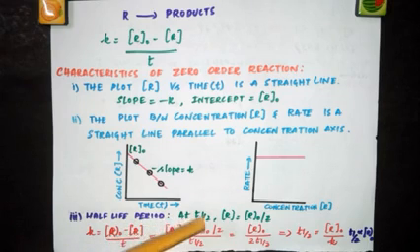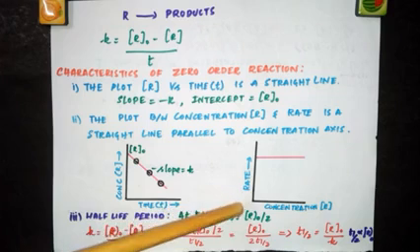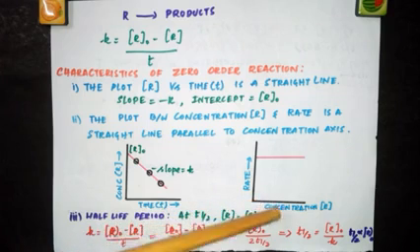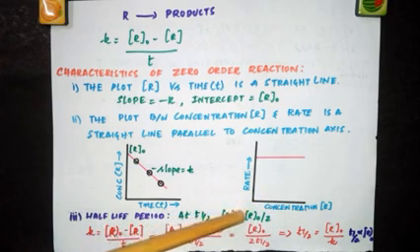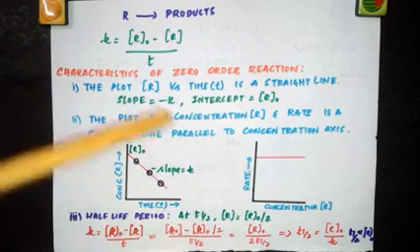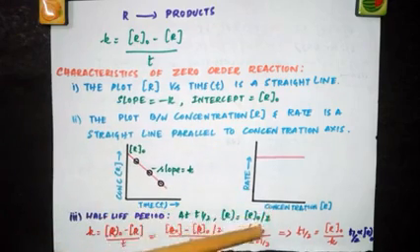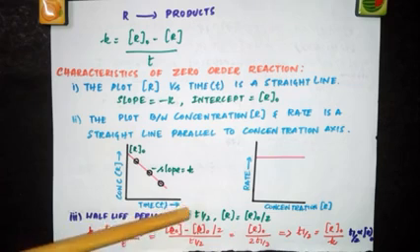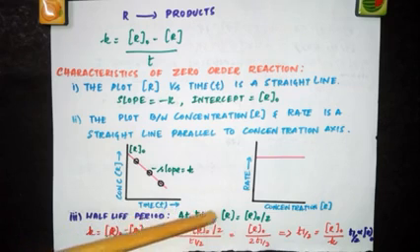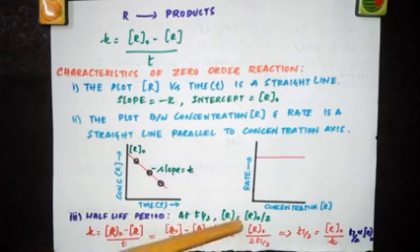So at T half, the concentration of the reactant will be equal to half of the initial concentration, which means initial concentration can be taken as R naught. Half means divided by 2. So at T half, which means at half-life, concentration of the reactant will be equal to R naught by 2.